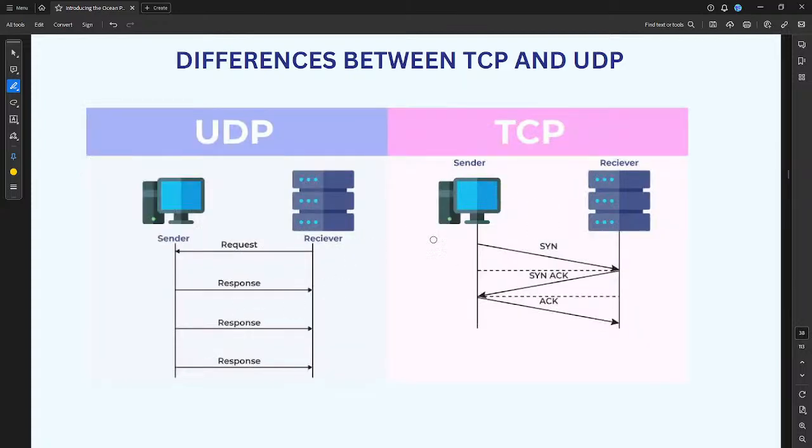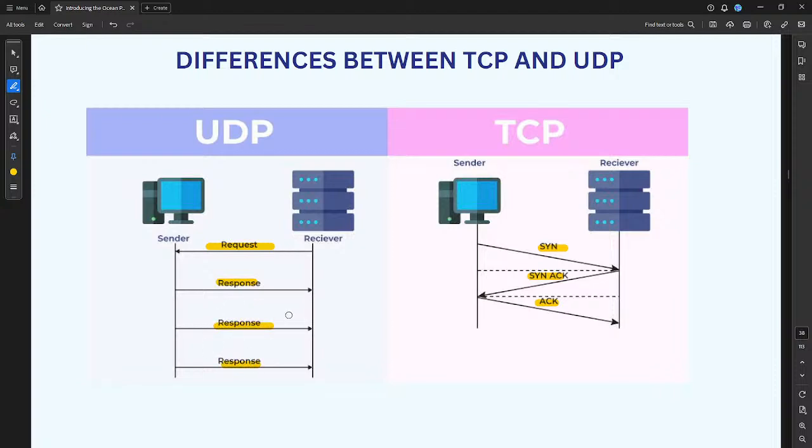Now you can see, for instance, this is TCP where we see the SYN, we see the SYN-ACK, and then we also see the ACK. For UDP, it's just request, response, response, response, and response.